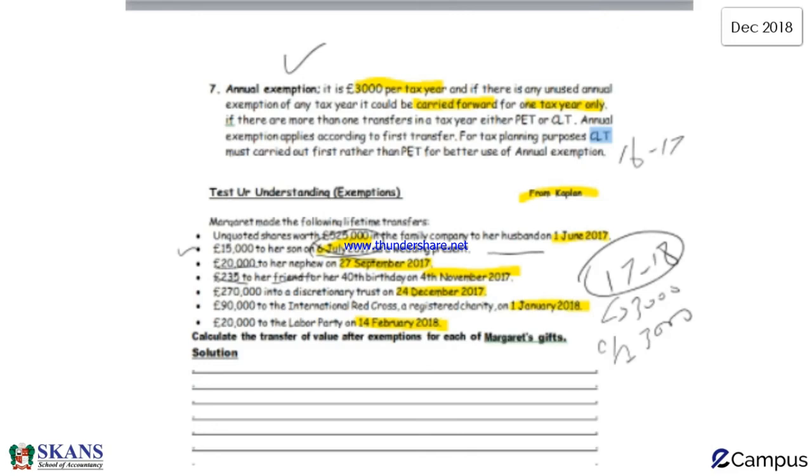Well, this needs to be considered as an exempt transfer. And then 20,000 to Labour Party on 14th February 2018. I think everyone knows that Labour Party would have more than 2 elected members, and that's why it's an approved qualifying political party. This transfer is also considered as an exempt transfer.